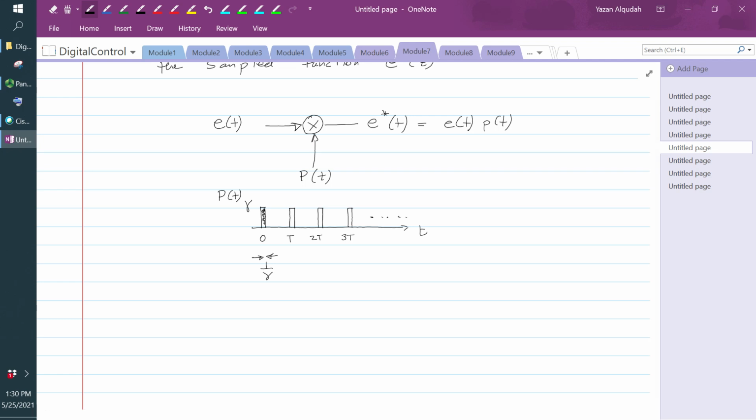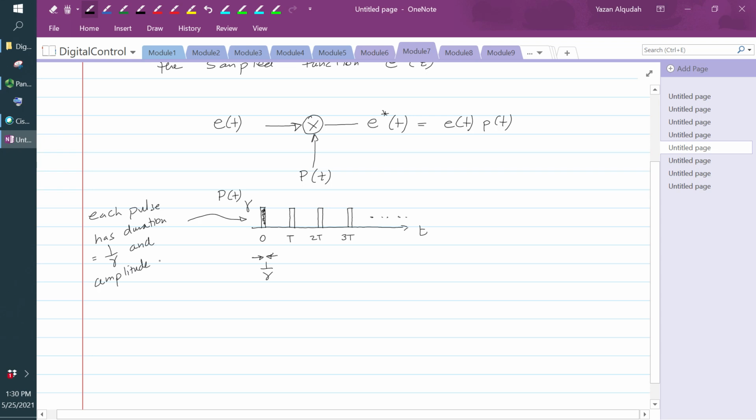Okay. So each pulse has a duration that is equal to 1 over gamma, and it has an amplitude that is equal to gamma, and the time between pulses is equal to t.